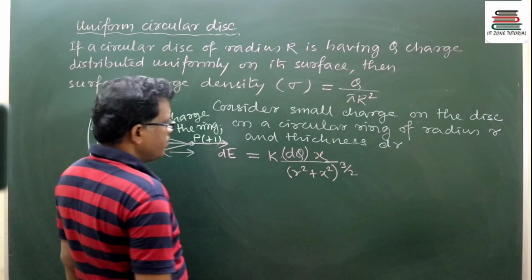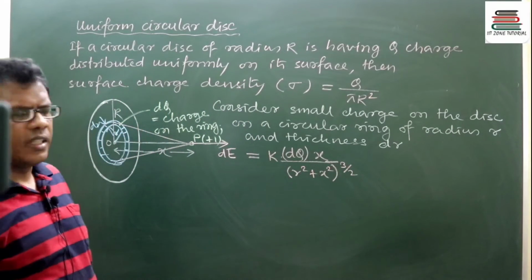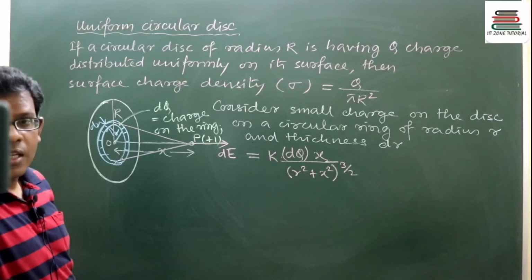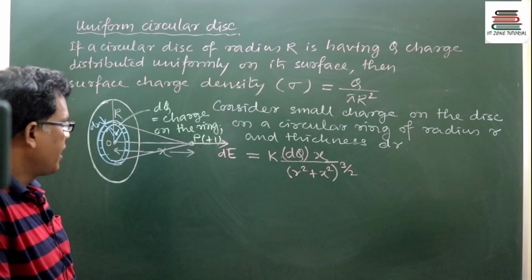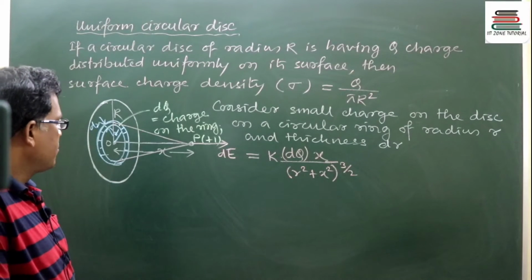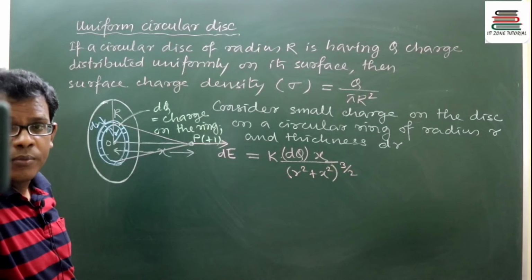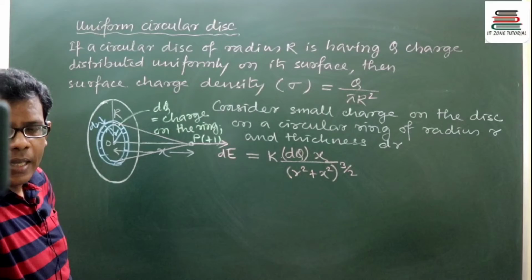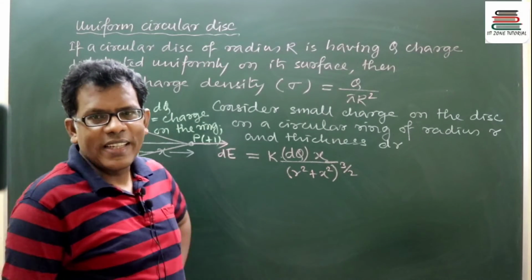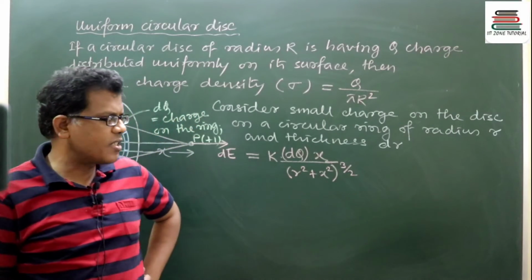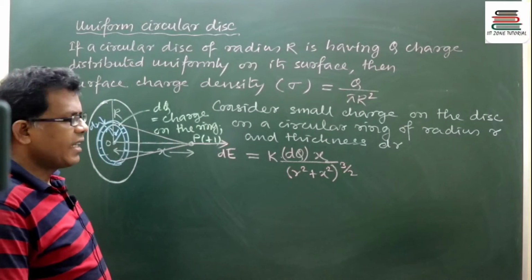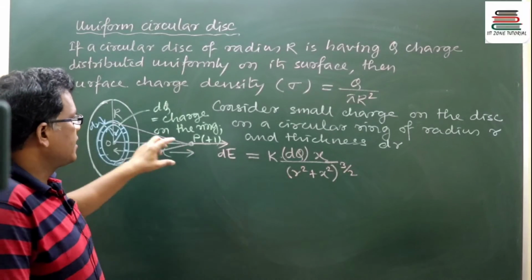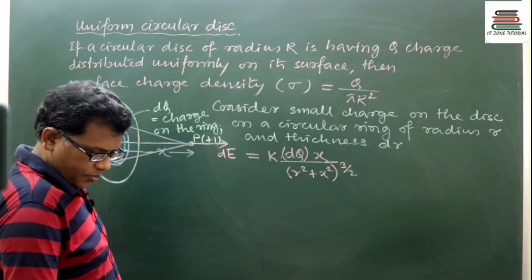Are you getting it? This result of the electric field in terms of the charge of the ring, the radius of the ring, and the distance of the point from center, we have already derived. It is applicable for the electric field due to the charge on a ring at its axis point. So this will be the dE value along the axis due to one such ring.